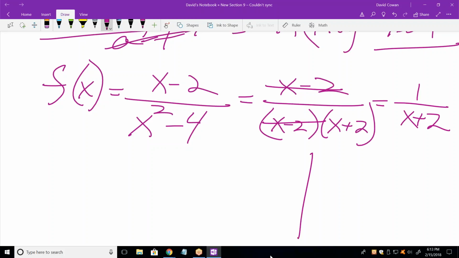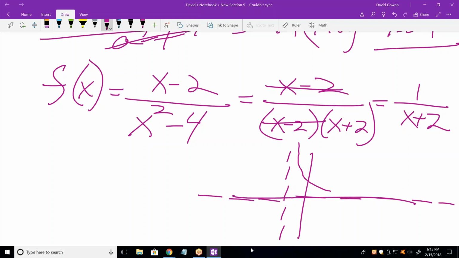Now, let's graph that. Where's the vertical asymptote? Negative 2. Where's the horizontal asymptote? Would it just be at 0? That's y equals 0. So this thing's going to graph like this. It's going to be hyperbolic in nature.